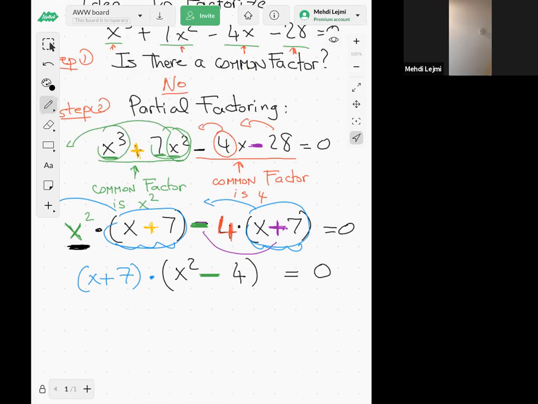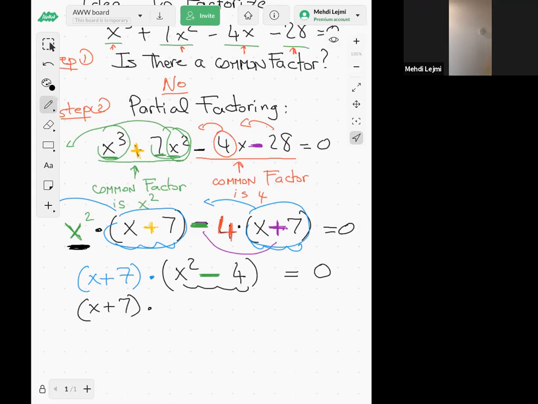So you see, guys, I got this x plus 7 times x squared minus 4. Now x squared minus 4, can we factor x squared minus 4?